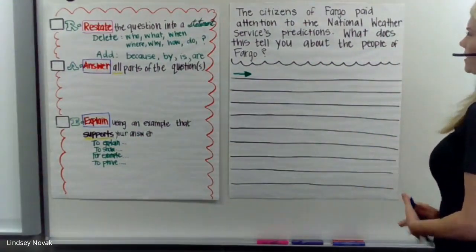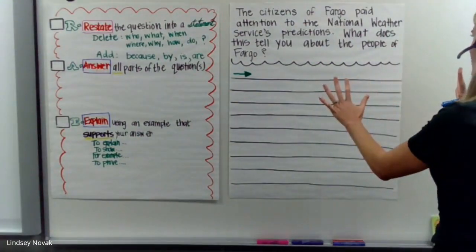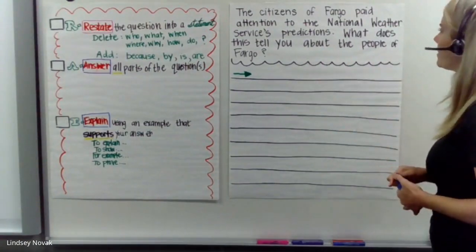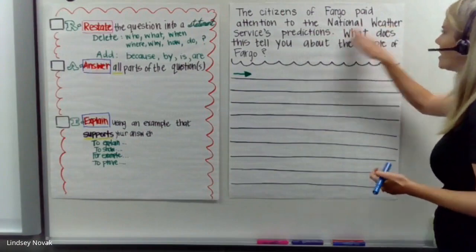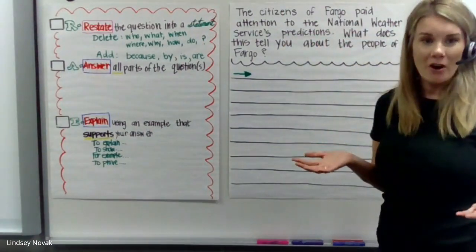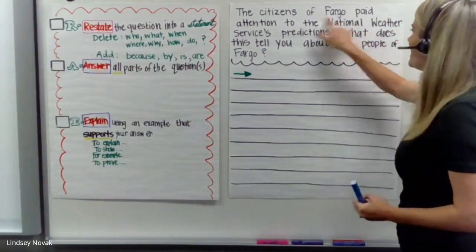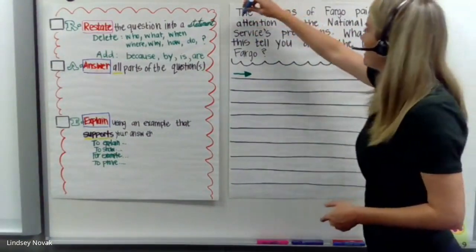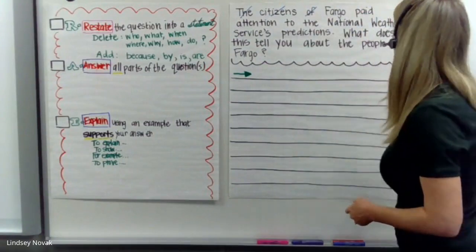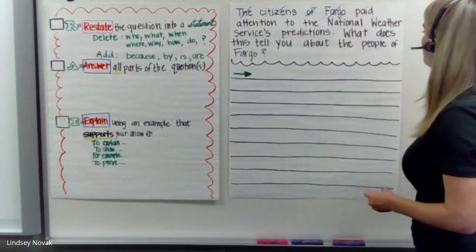So when I look at this, I see how I want to write it, but there's some parts I'm not going to need. I want to talk about how paying attention to the National Weather Services tells me about the people of Fargo. So I don't need this. So I'm going to delete the citizens of Fargo.